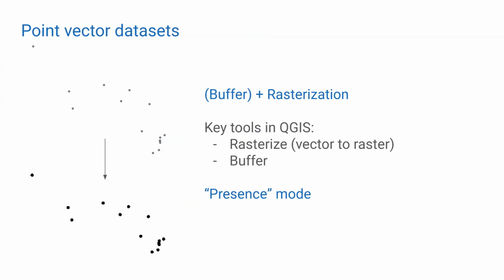For example, you have points as predictors, as we have touristic points of interest in our training case. First thing you can do is to turn them to raster by using rasterization tool. So you'll have a raster with all zeros and non-zero values in point location. I call such rasters presence rasters. We simply use information about whether we have a point in the pixel or not.